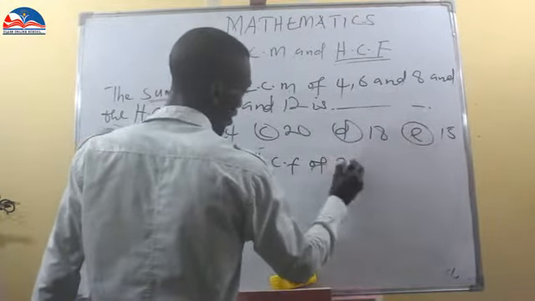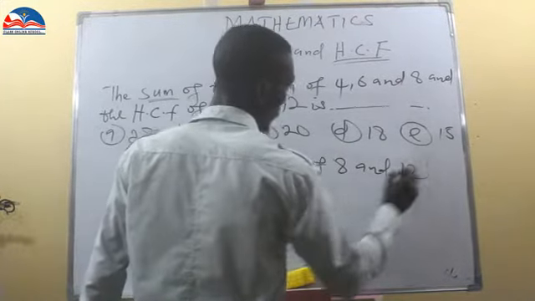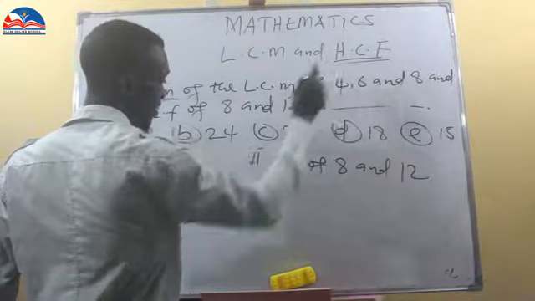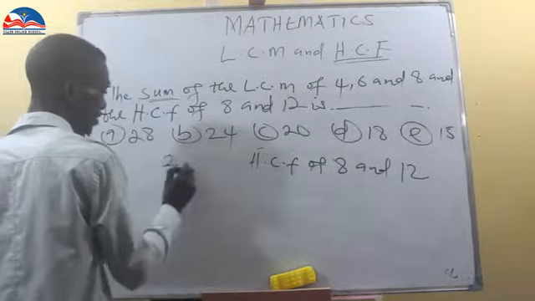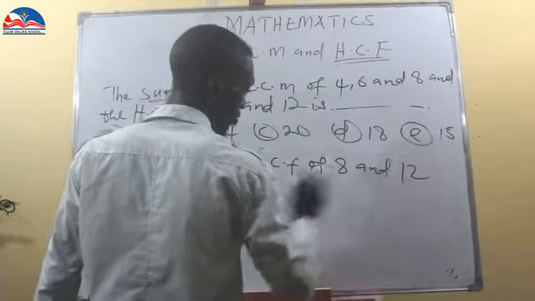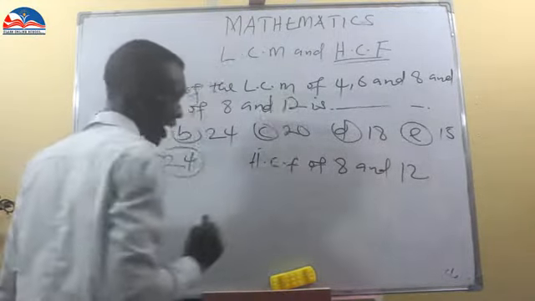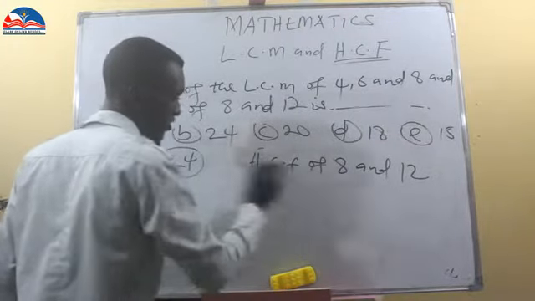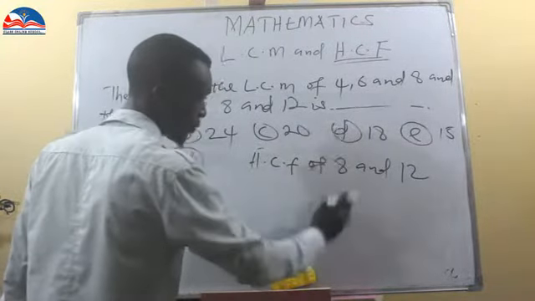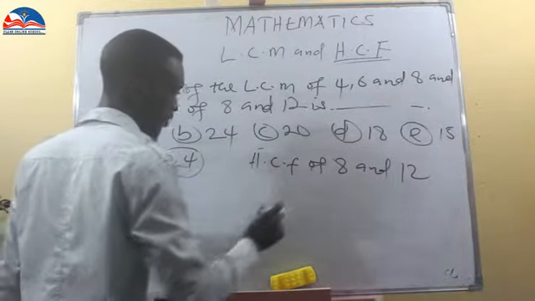Don't forget what we got as our LCM is 24. Write it down somewhere. Circle it. Now you have 8 and 12 and you want to obtain the HCF. I told you when we were doing HCF that the first thing to do is to obtain the factors.